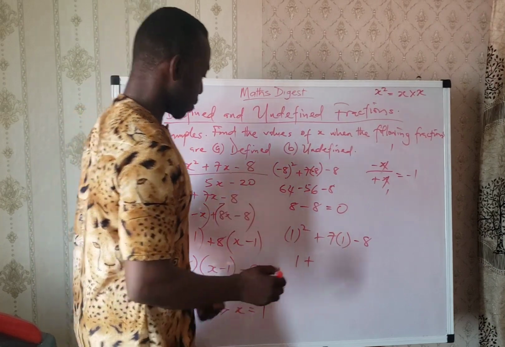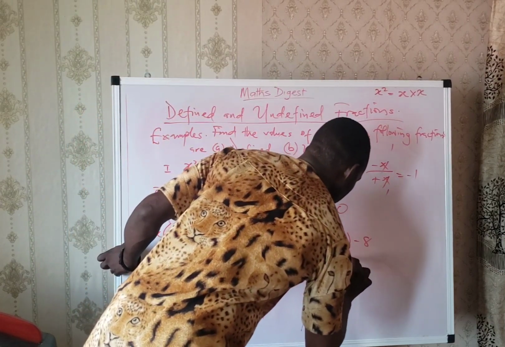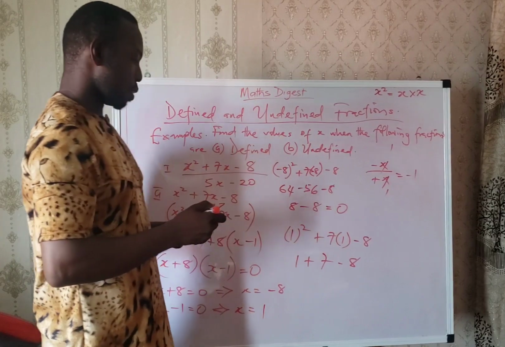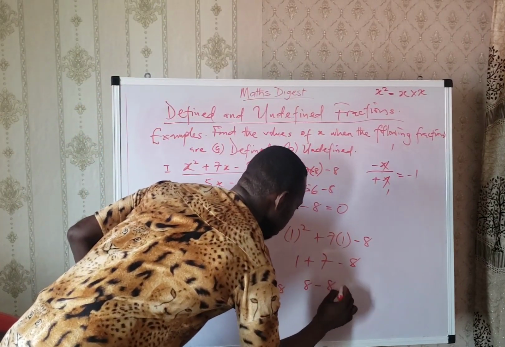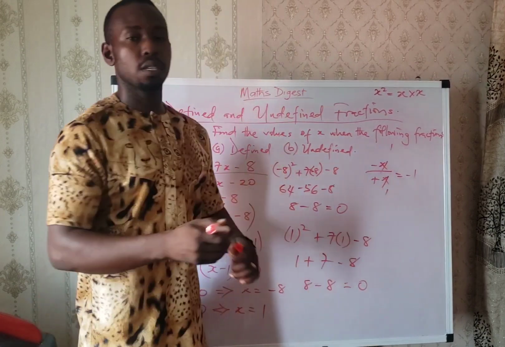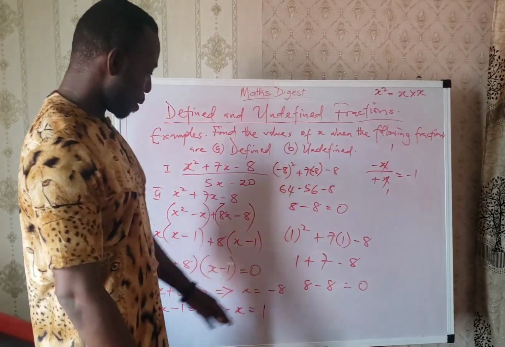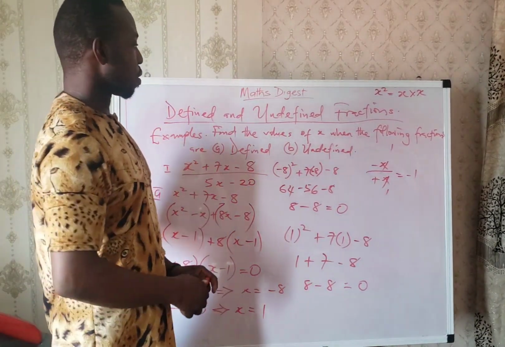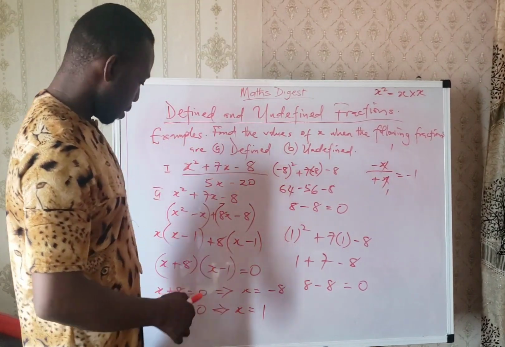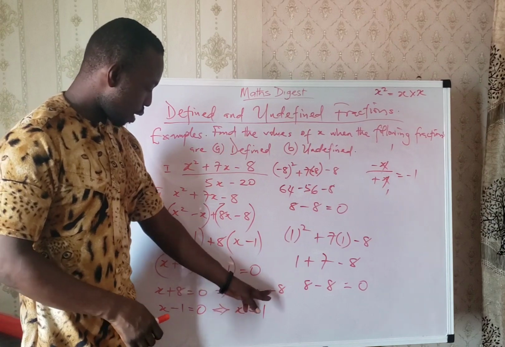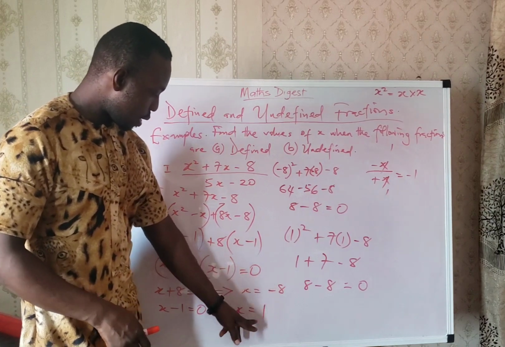Is still 7. Minus 8. So this plus this is 8. Minus 8. And that gives us what? 0. Ladies and gentlemen, both answers are correct. So for the A, we have treated it. The answers are what? Minus 8 and 1.